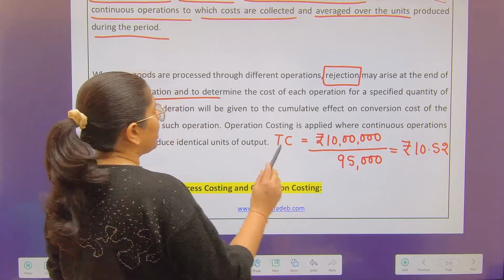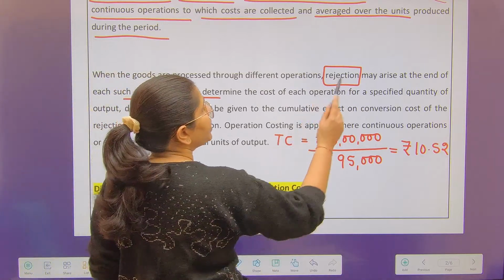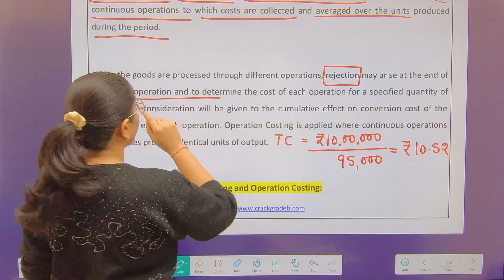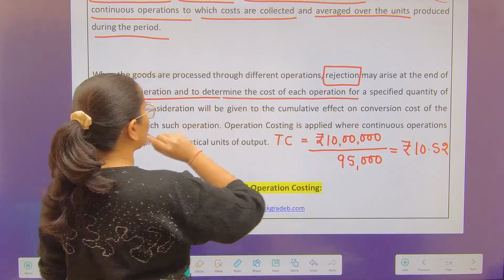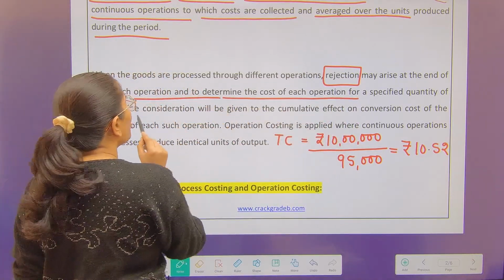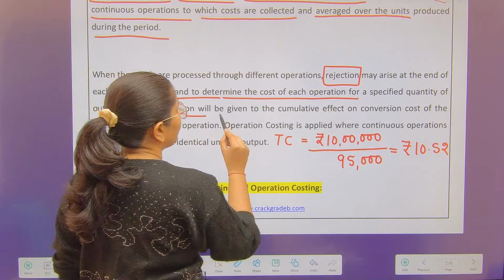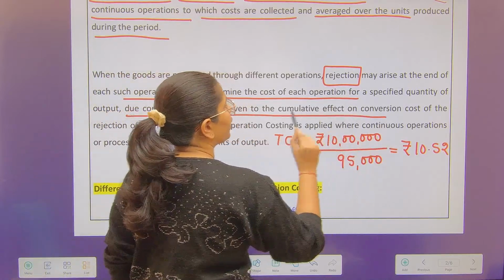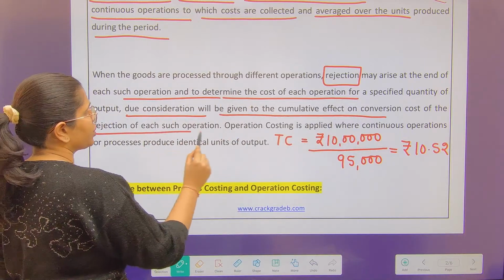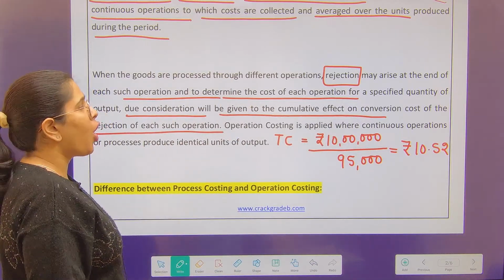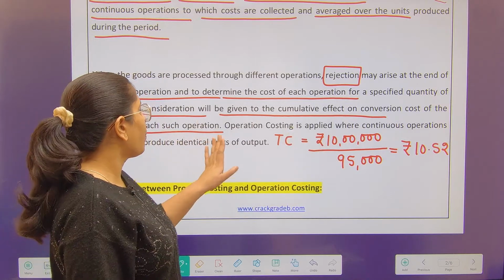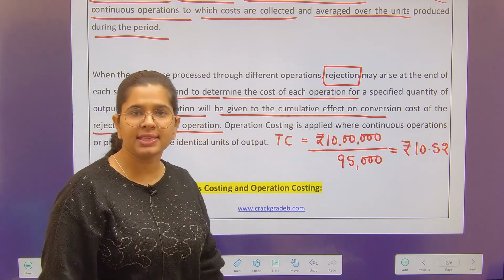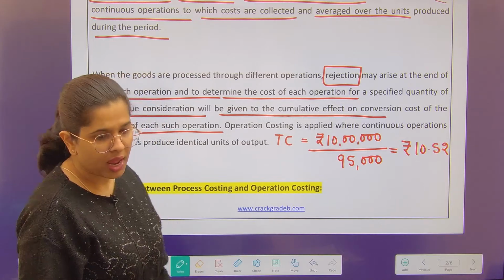So now let's read it. Rejections may arise at the end of each such operation, and to determine the cost of operation for specified output, due consideration will be given to the cumulative effect of conversion cost of rejections of such operation. Operation costing is applied where continuous operation or process produces identical units of output.